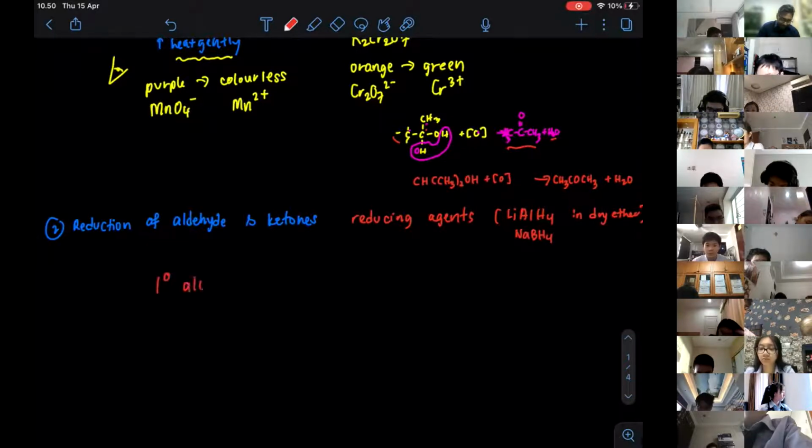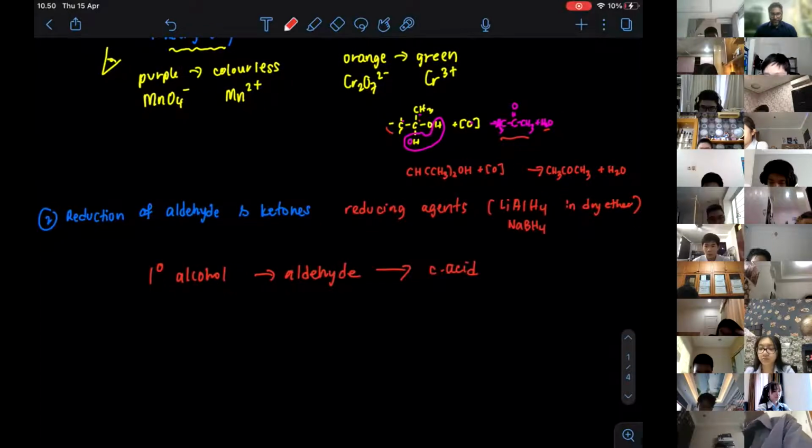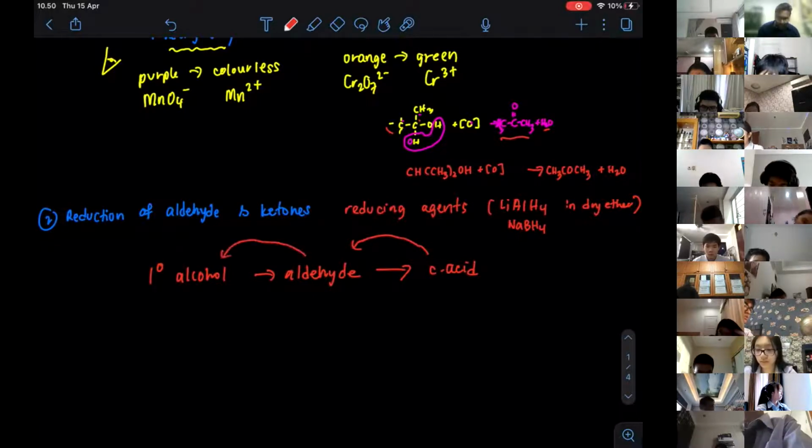Primary alcohol will be oxidized to become aldehyde, and aldehyde can be oxidized to become carboxylic acid. I'm going to break it down: I want to change carboxylic acid to aldehyde, and then aldehyde to primary alcohol. What can I use?